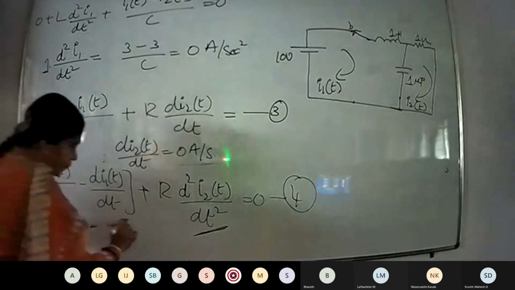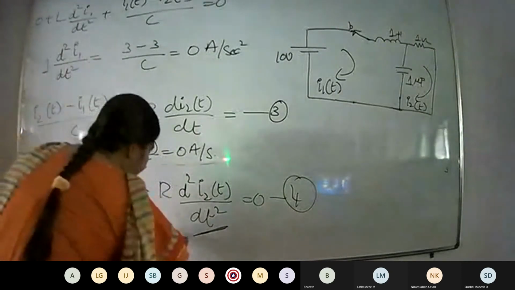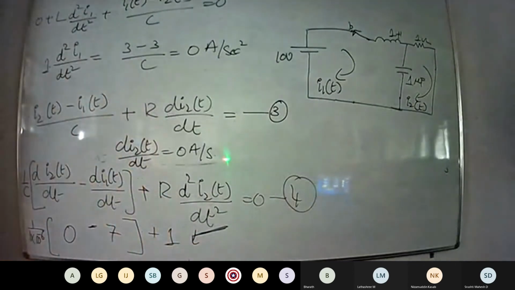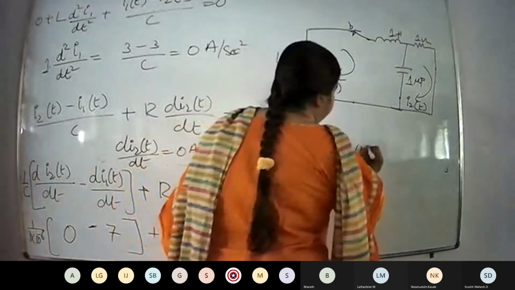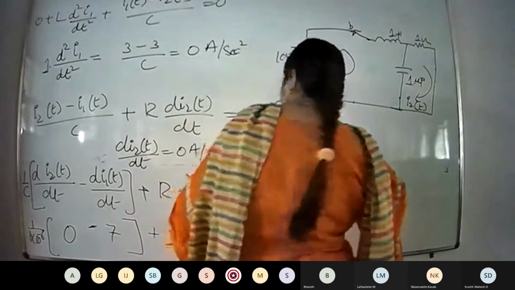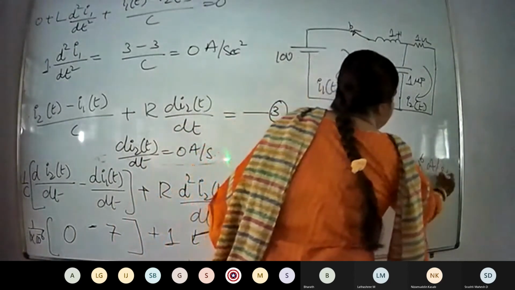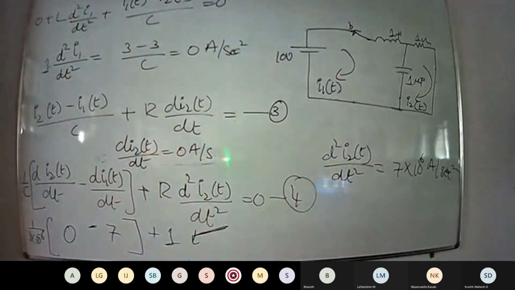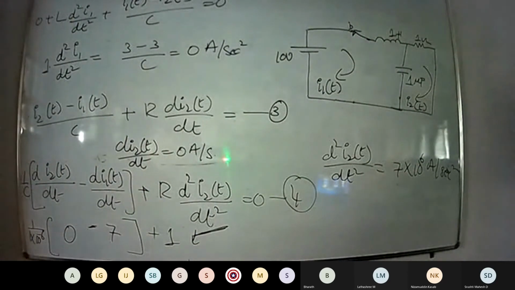R is 1, into d square I2 of t by dt square. So d square I2 of t by dt square is 7 into 10 power 6 ampere per second square, with 10 power 6 moved to the RHS.